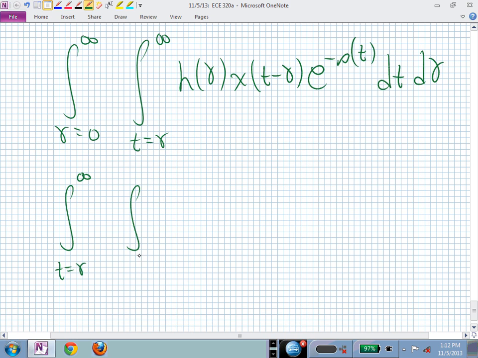And now I have this integral from gamma equals 0 to infinity of h of gamma, x of t minus gamma, e to the minus st, d gamma dt. Oh, and you know what? I'm wanting this to look more and more like that earlier one, so let me switch this dt with e to the minus st.